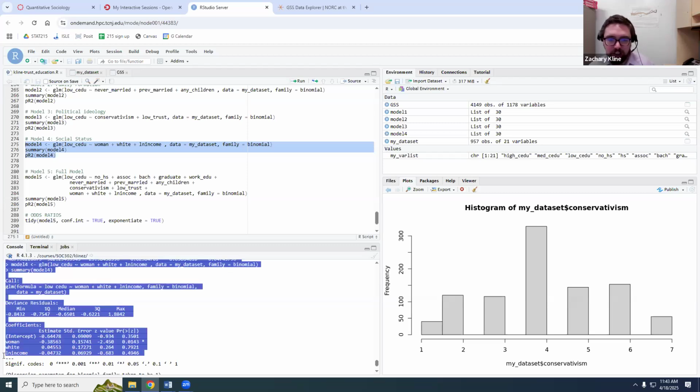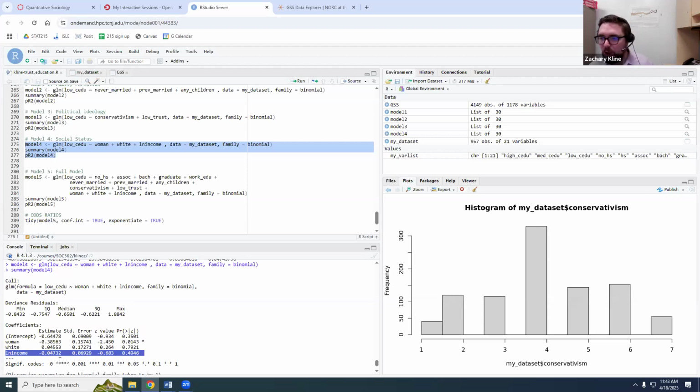Again, this effect's not statistically significant, so we can't be confident that there actually is any effect at all. But this is an example of a meaningful control variable, or a meaningful change in the direction of an effect given another independent variable.